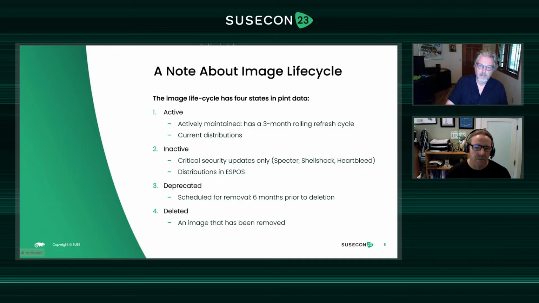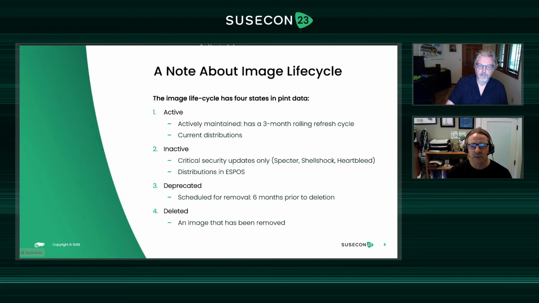And the deleted images are in the history. So in case you're using an image that has disappeared, you can look it up in Pint and then see which image succeeded the image that has been deleted. So there is a history in Pint from pretty much all the images that SUSE has ever published in any of the providers.